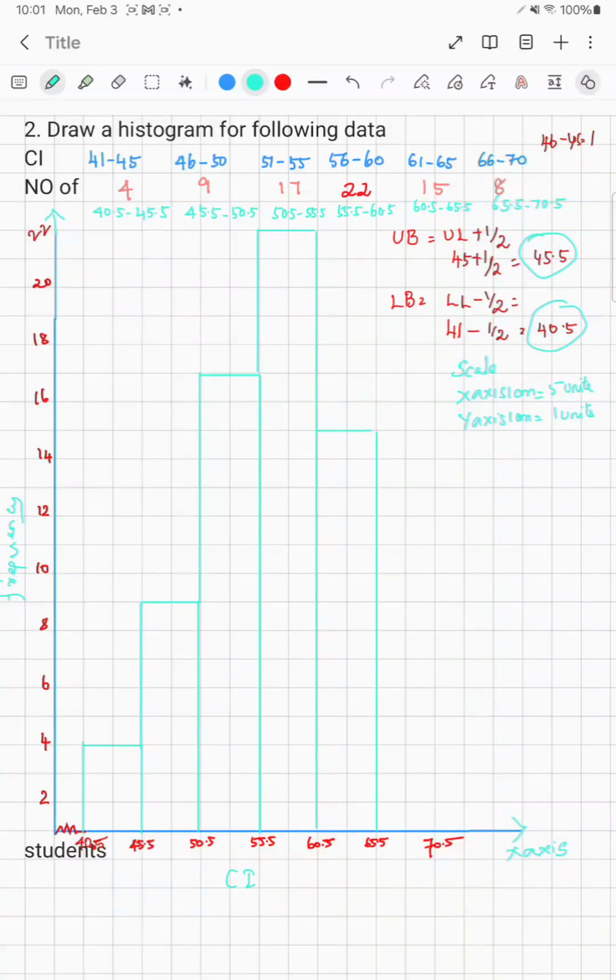Last part is 8. The frequency is 8 for the class interval 65.5 to 70.5. So it is here. Slowly from here draw a line until 70.5 again.